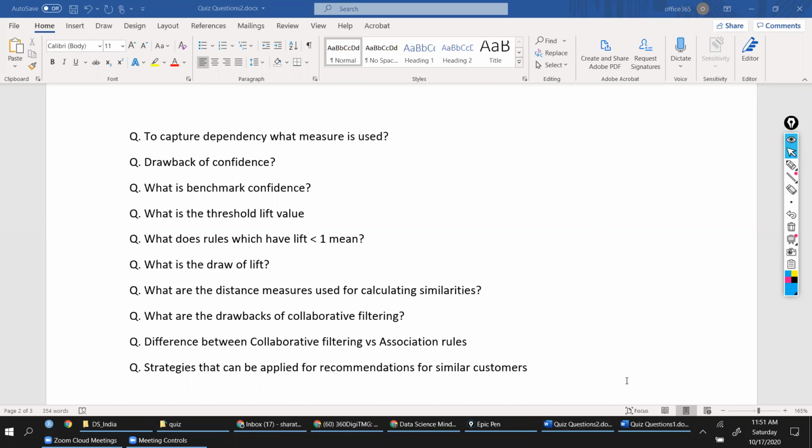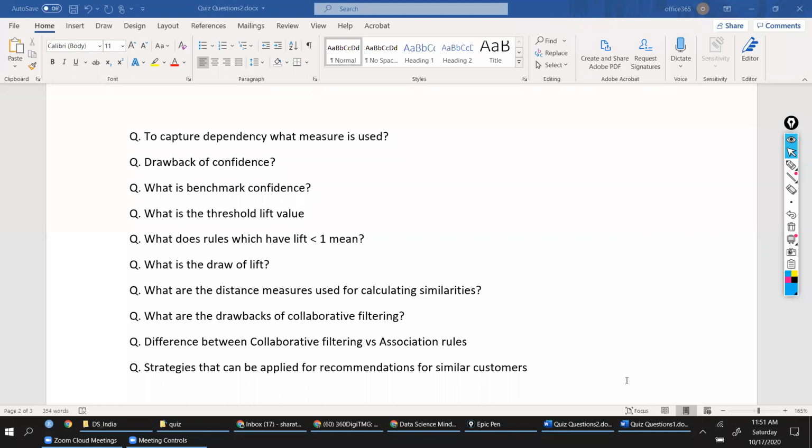Okay. So the strategies can be anything. One of the strategies is what are those products which the similar customers have purchased already, but our customer has not purchased. And these recommendations will be a list of items.